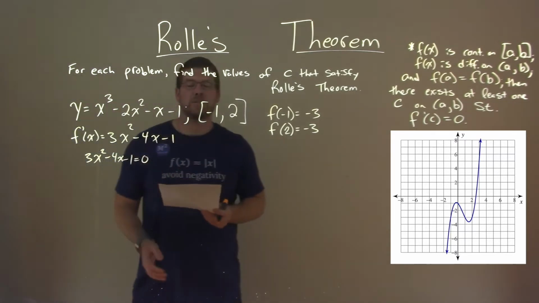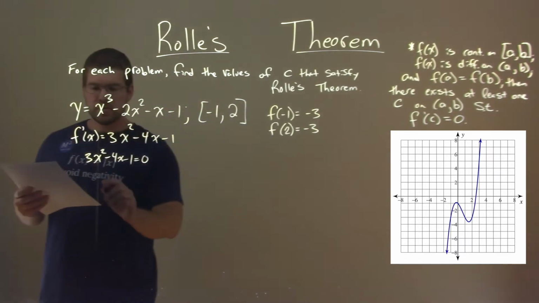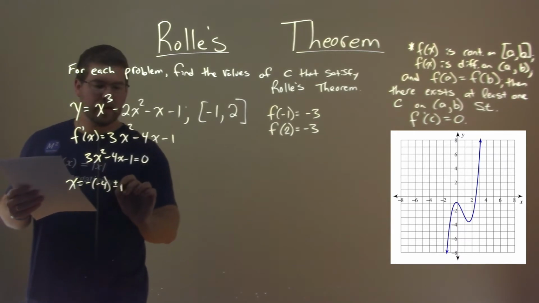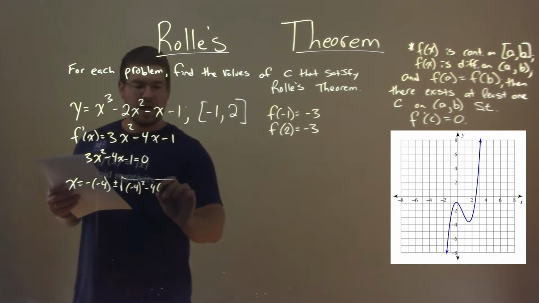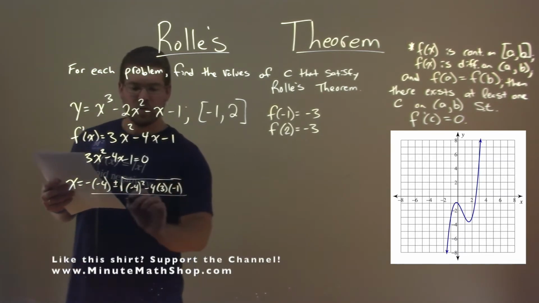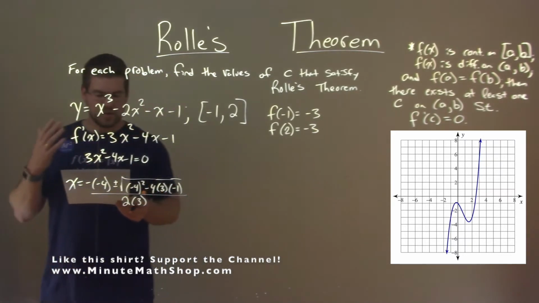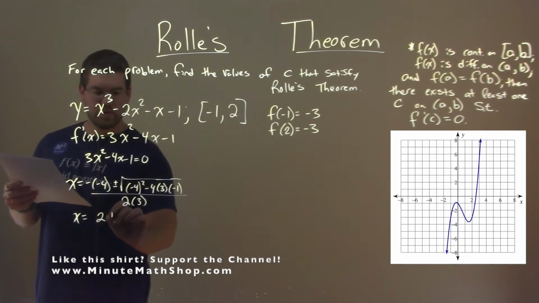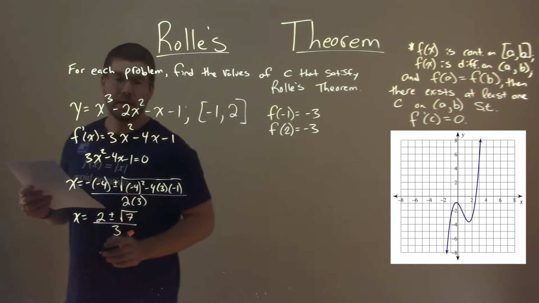And this is where we actually have to use our good old quadratic formula. So x equals -(-4) plus or minus the square root of (-4) squared minus 4 times a, which is 3, times c, which is -1, all over 2 times 3. Hopefully you're pretty good with your quadratic formula, and you should get this: x equals 2 plus or minus the square root of 7, over 3.